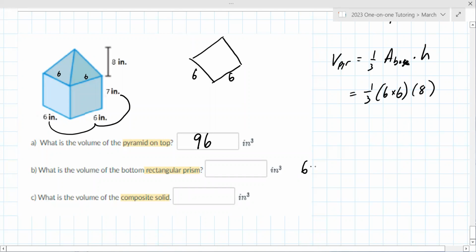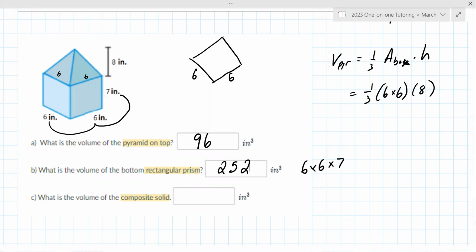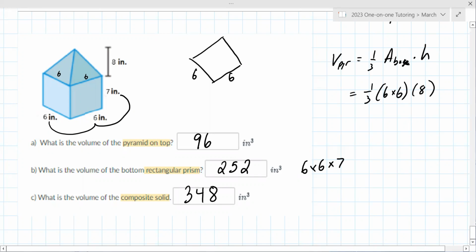It's going to be 6 times 6 times 7, which is 252. The composite solid is to add them together, 252 plus 96. Okay, cool. That's what I got too. Awesome.